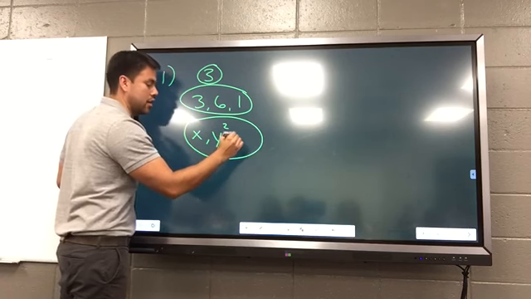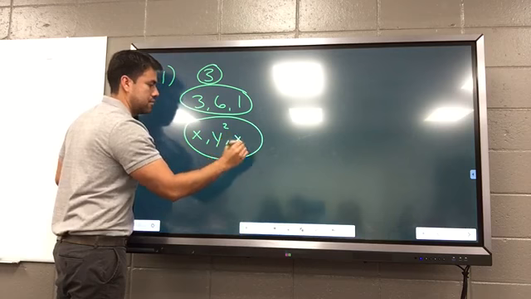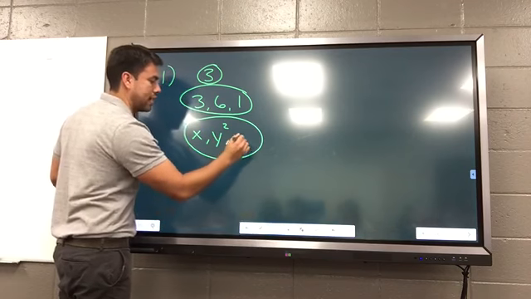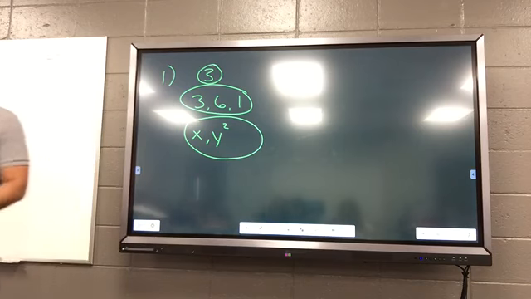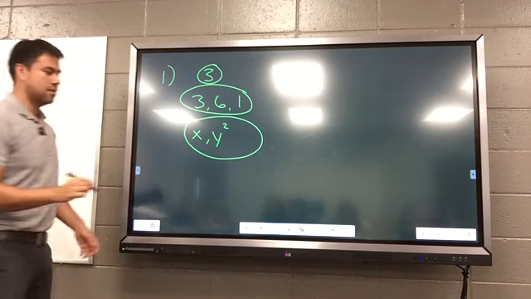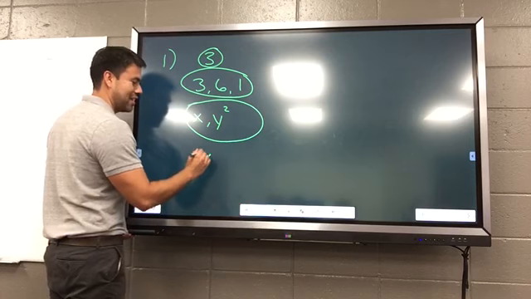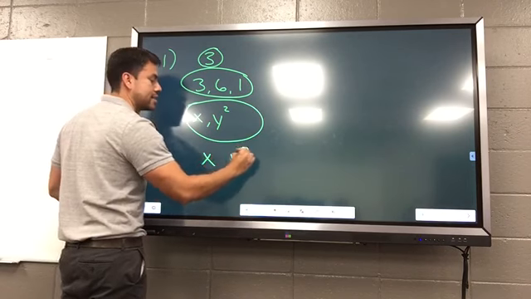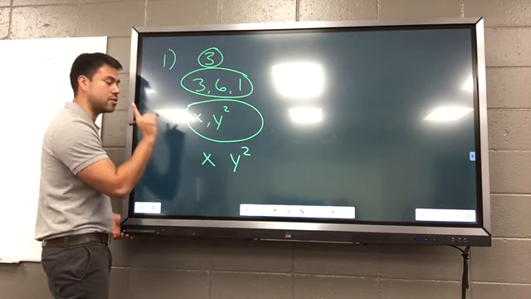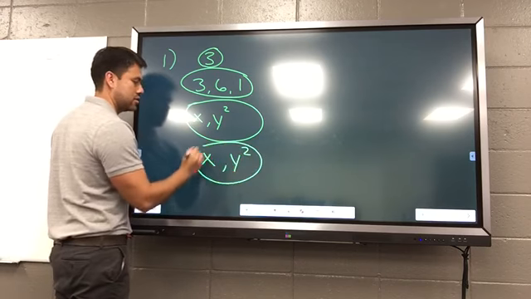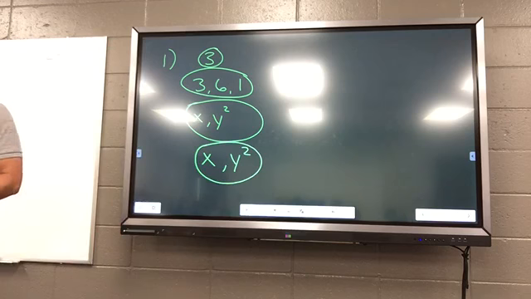So you don't have to put another x, or another xy. If you did xy squared without a comma in between, take it off. There's only an x and there's a y squared. That's it. I know that there are 2 x's, but they're still separate. So just do it like that.